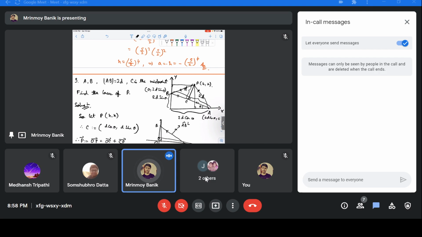So these two are congruent, right? So let this be b dash and a dash. So this is theta. Since this is 90, this has to be 90.